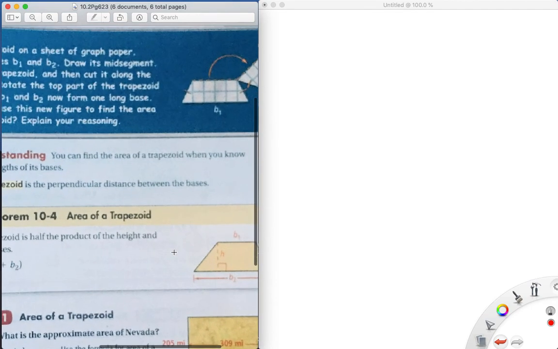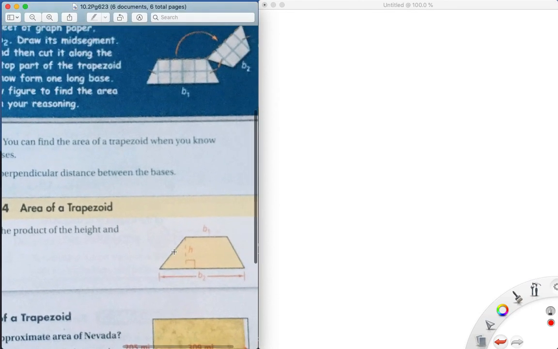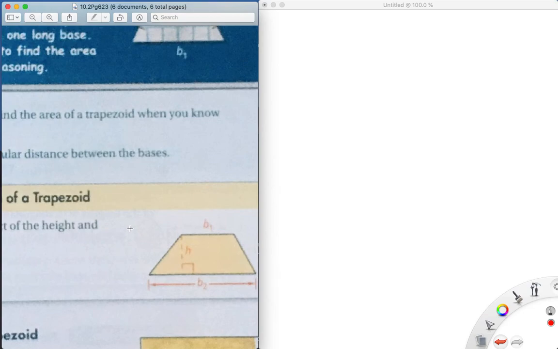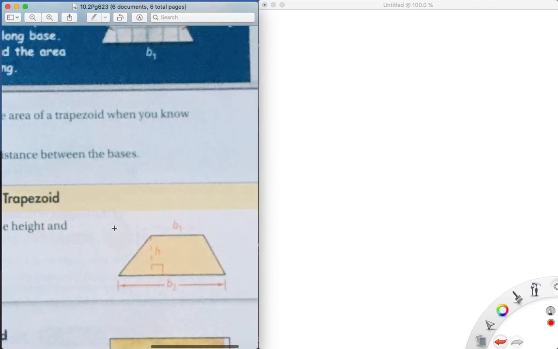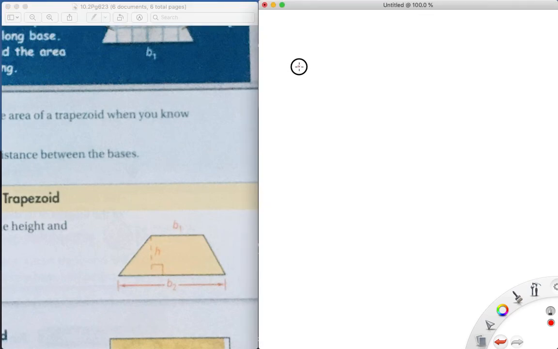When you have a trapezoid, those parallel sides are called bases. Here they call the top one base 1, and the bottom one base 2. In between these two, I'll do my best to draw the same thing.